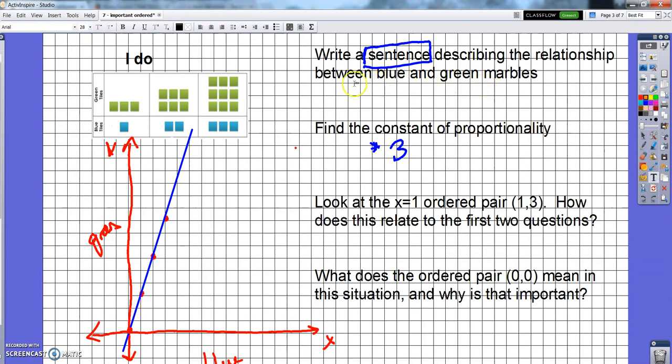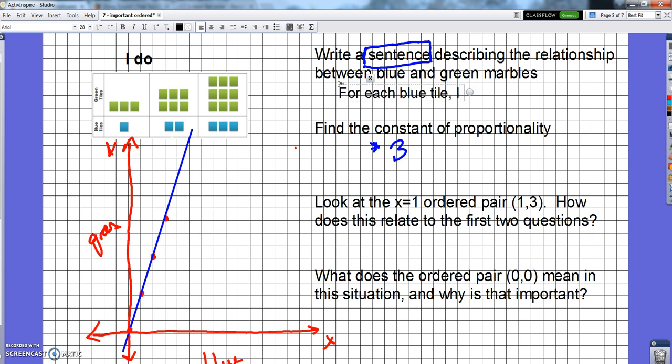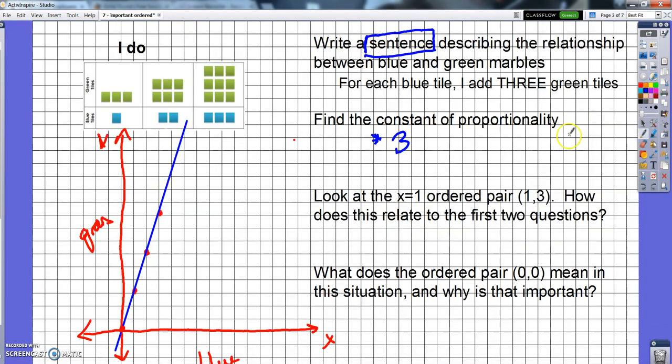I would say for each blue tile, I add 3 green tiles. I know that's a simple thing to say, but if you can write a sentence like that, what I want you to notice is the constant of proportionality ends up in the sentence.